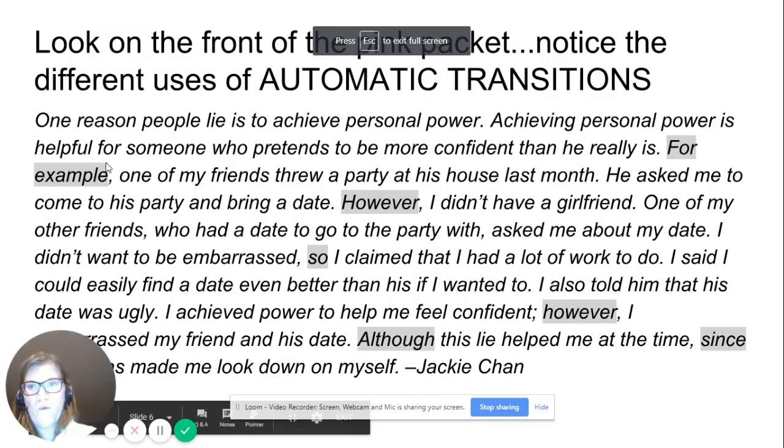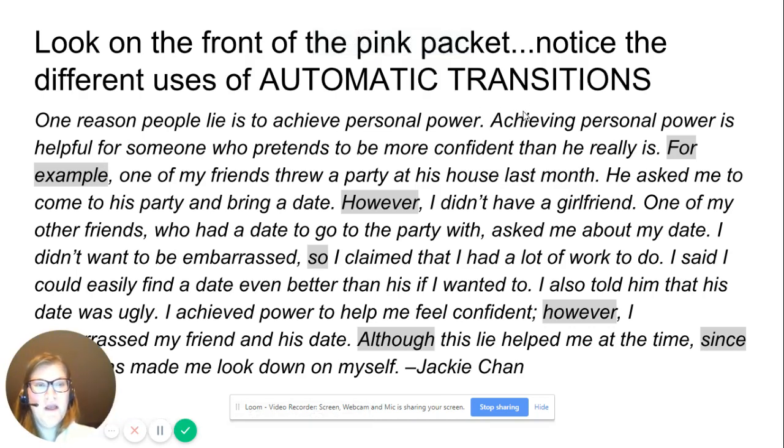One reason people lie is to achieve personal power. There's no transition to show the relationship here. Achieving power is helpful for someone who pretends to be more confident than he really is. For example, that transition tells my reader, I'm about to give you specific examples of what I just said. It's alerting your reader: watch out, I just made a claim, and now I'm going to prove it.